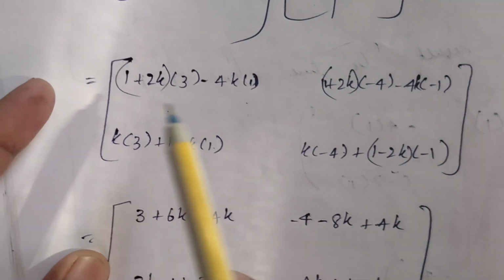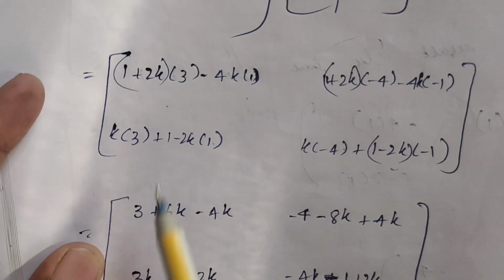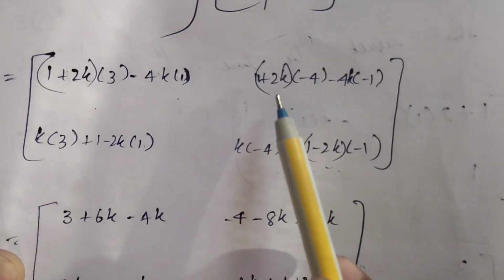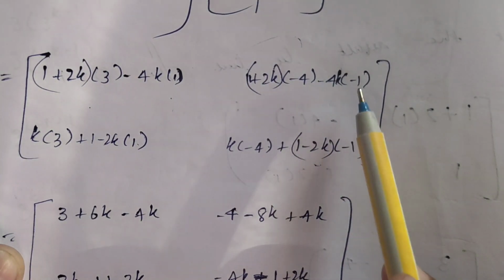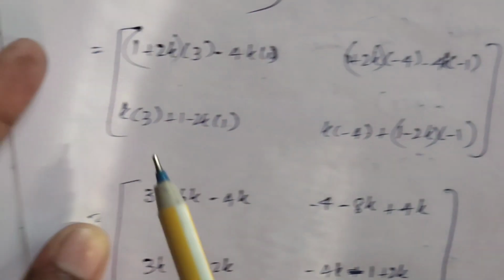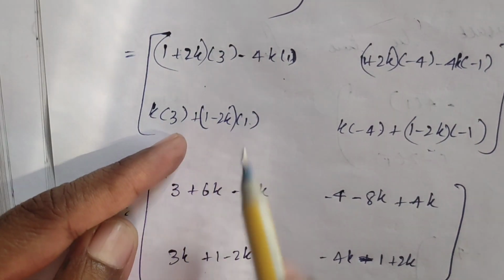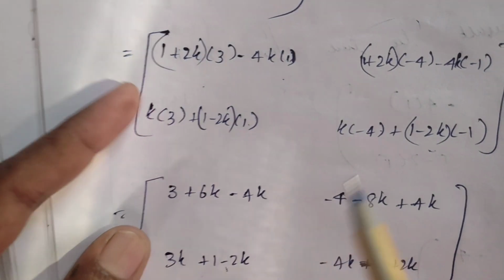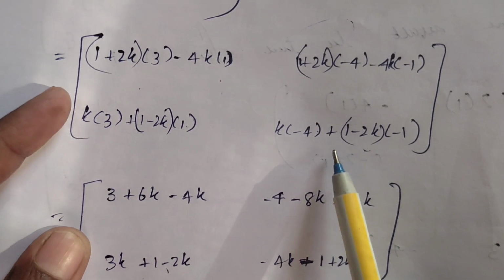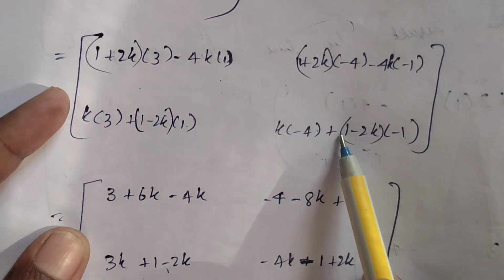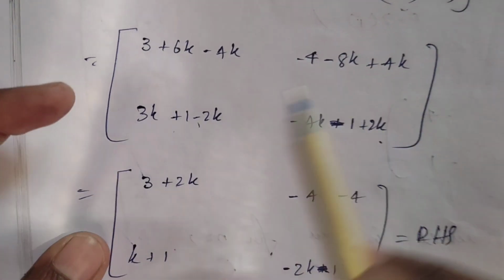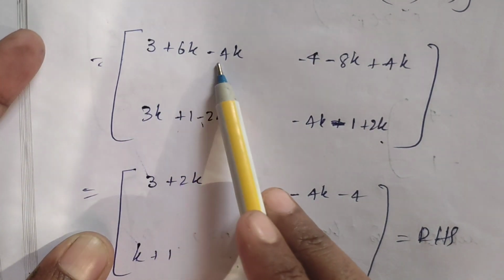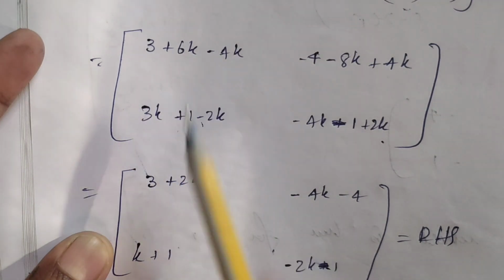Now simplify this. 3 plus 6k minus 4k, minus 4 minus 8k plus 4k, 3k plus 1 minus 2k, minus 4k minus 1 plus 2k. So now simplify this. 6k minus 4k plus 2k, so 3 plus 2k.